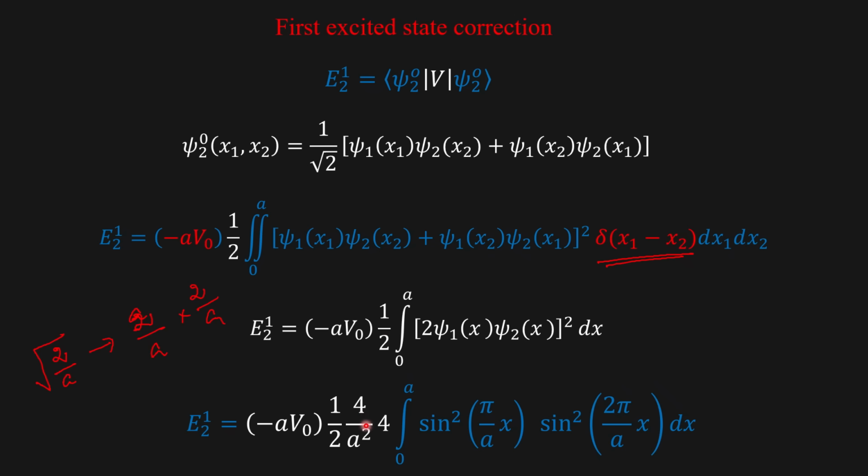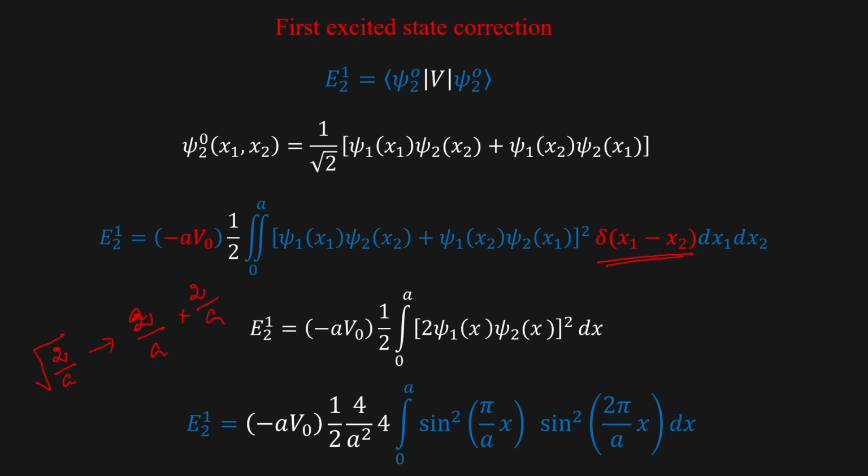Already this 2 squared will become 4, and already there is 1 over 4. So we can write this expression as it is. This is psi 1 squared, sine squared pi by a x, and this is the excited state, sine squared 2 pi over a x dx.